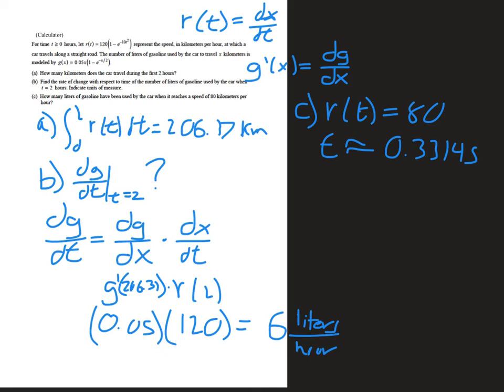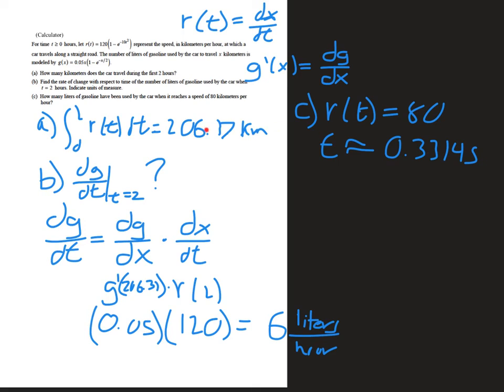Now, I'm still not ready to plug that into g to figure out the number of liters of gas, because g has an input that is x, which is kilometers. This is now hours. We went from a rate to an hour. So I need to figure out how many kilometers have I gone at this time.